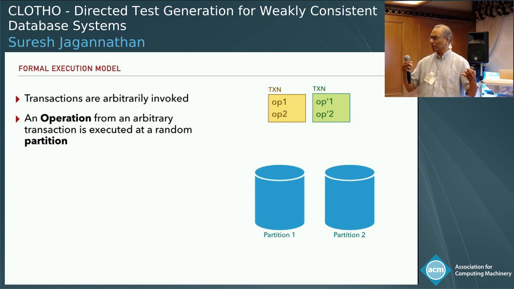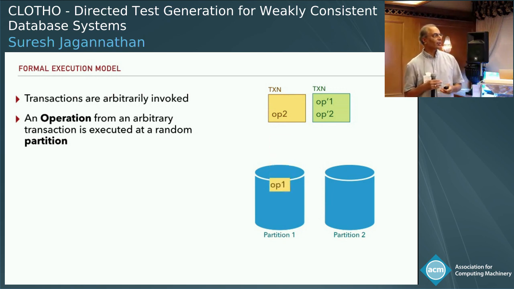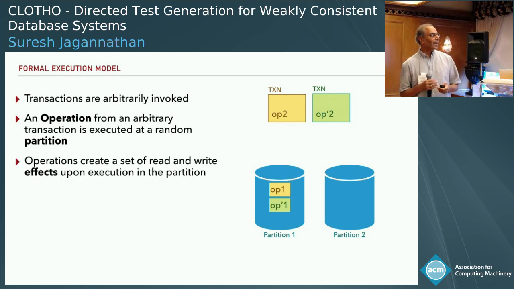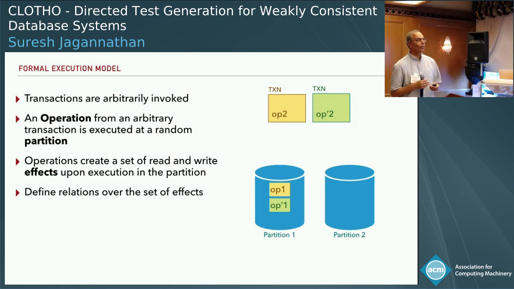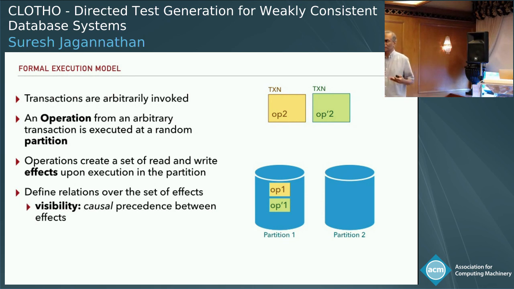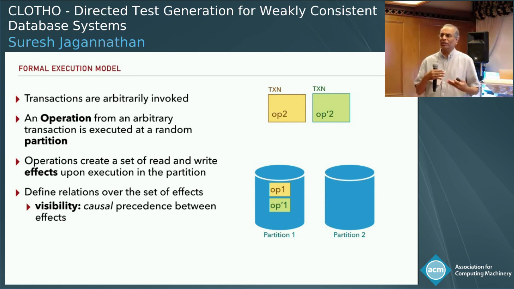So we have an arbitrary number of partitions which represent all the replicas that we might wish to have. And a particular operation can go to any one partition. And when they do, we're going to establish certain relations. We're going to define an axiomatic characterization of how these operations are witnessed by other operations.